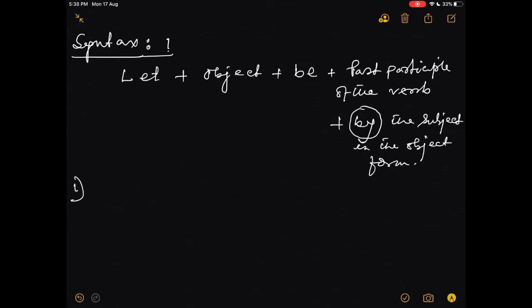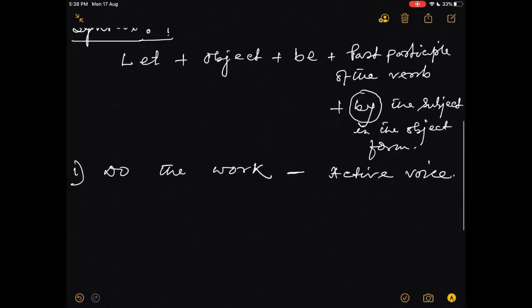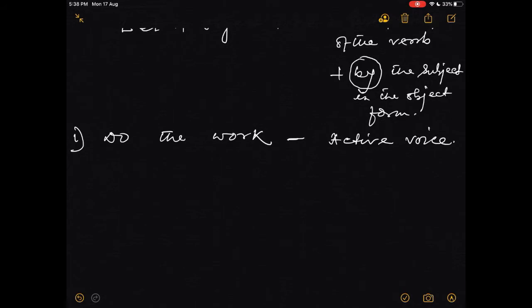The first sentence is, do the work. This is an active voice. So we'll change the voice of it, and for this we'll use syntax number 1, that is first let, then the object. This is the object, and this is the verb.